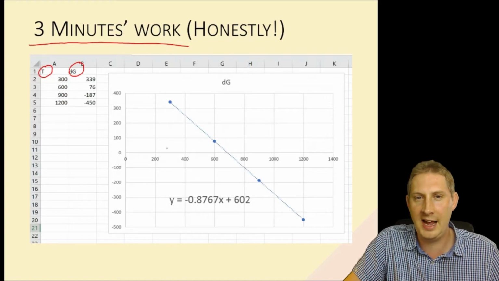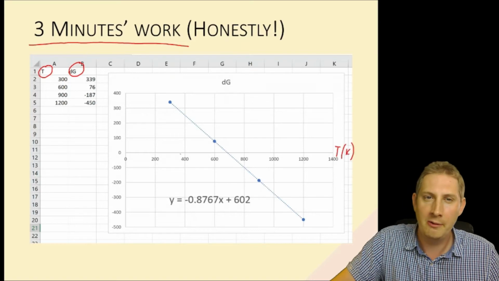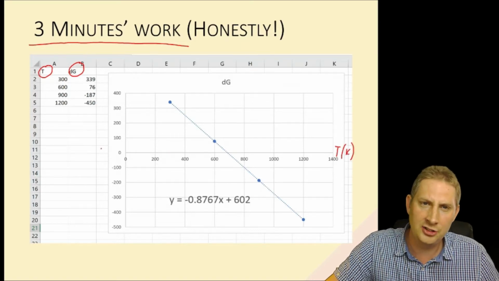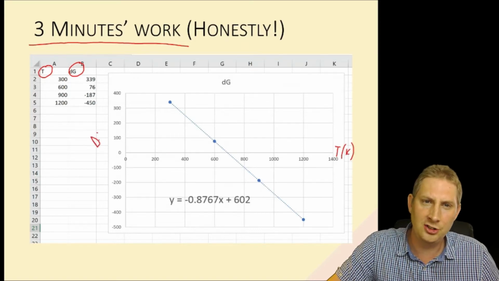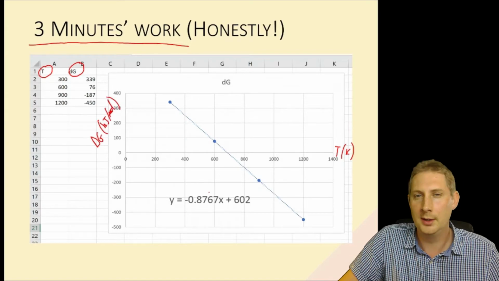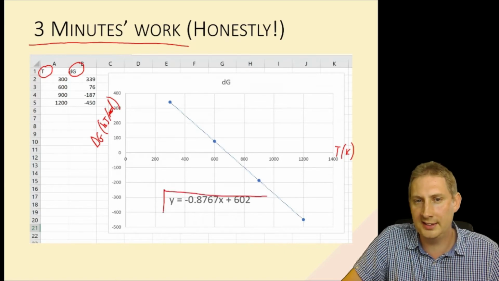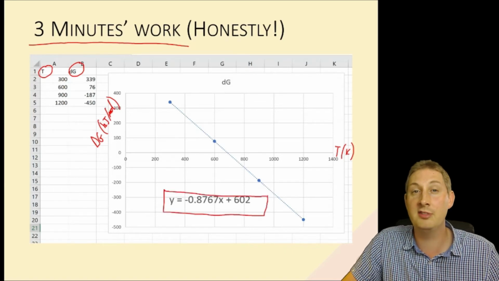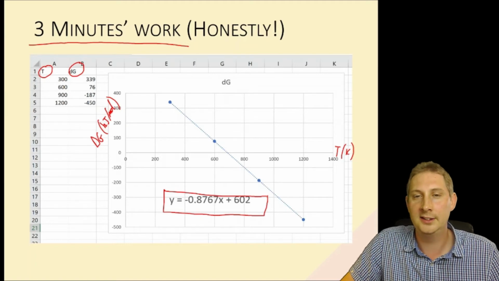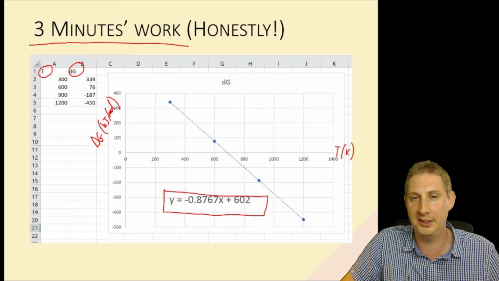Look, I haven't labelled the axes, but this is temperature in Kelvin, this is free energy, or delta G in kilojoules per mole, and I fitted the equation. I got y equals mx plus c immediately. All right, 3 minutes, that's what it took me. So for you guys, even going at a snail's pace, it shouldn't take you much more than 5 minutes to do the same thing.